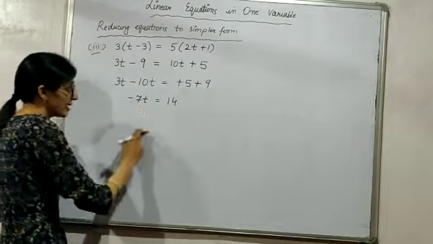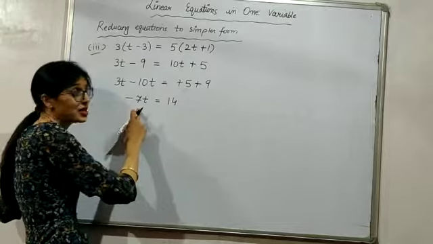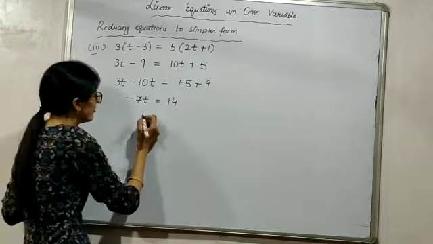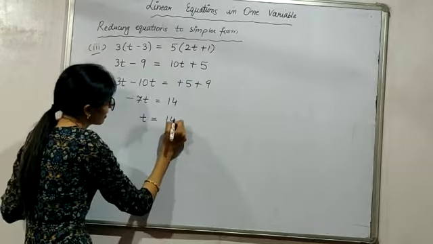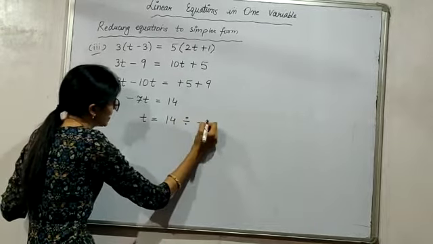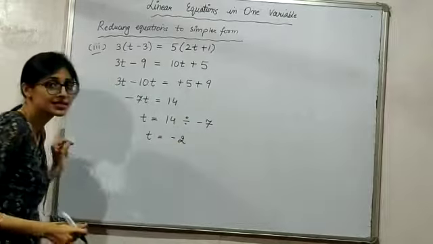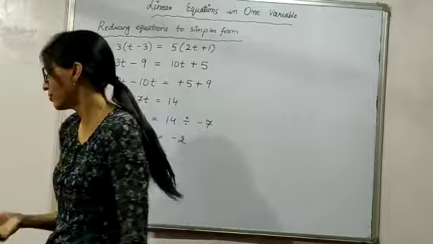Minus 7, when it goes, here it is in multiplication. When it goes from this side to this side, it comes into division. So 14 divided by minus 7. t equals minus 2 is the solution to this problem.